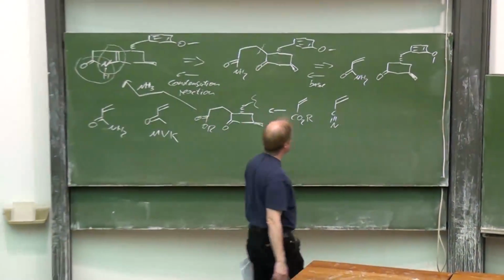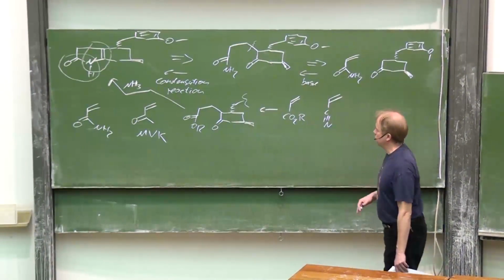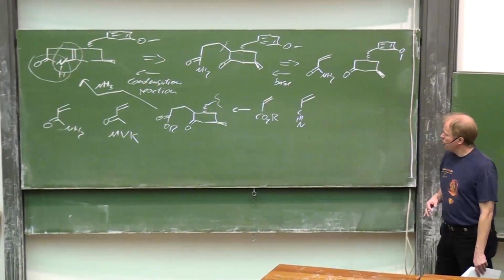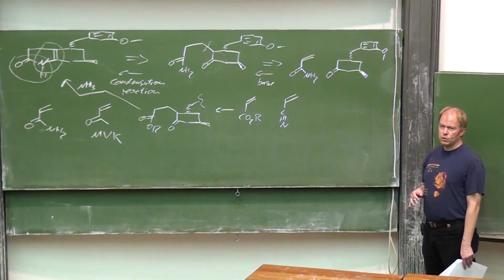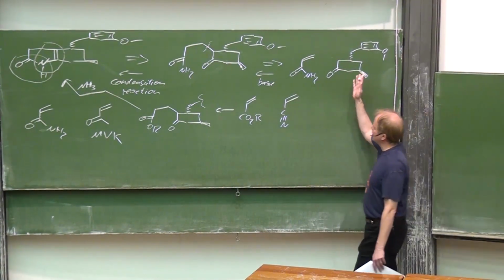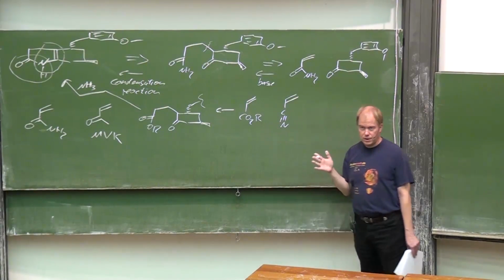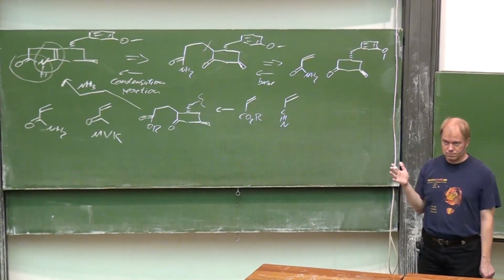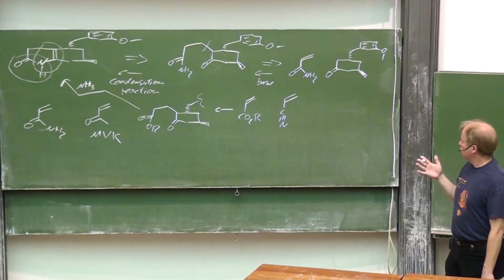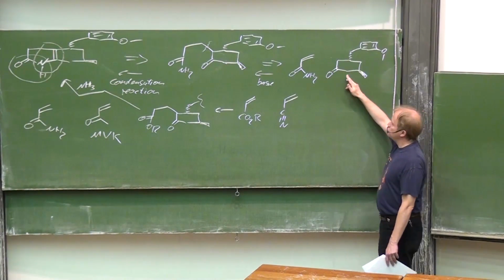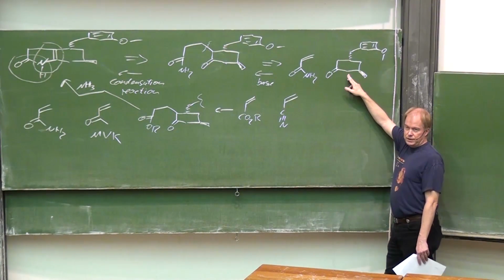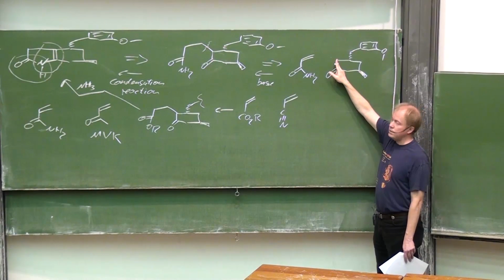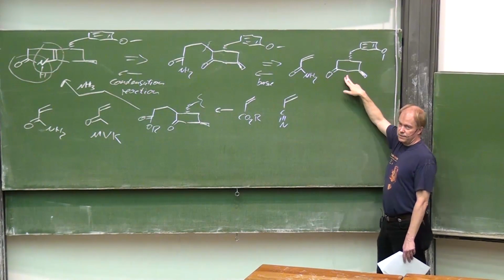Okay. With these considerations, do we already have solved all the problems connected with that step? I'm afraid no. Because if we treat this with a base, how do we get the selectivity that it is deprotonated here and not there?